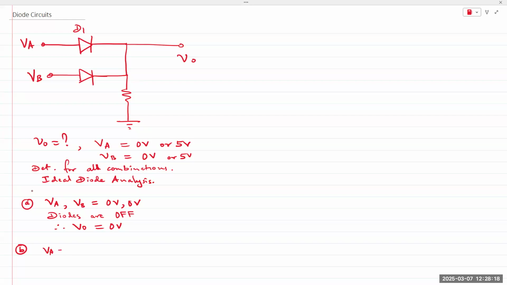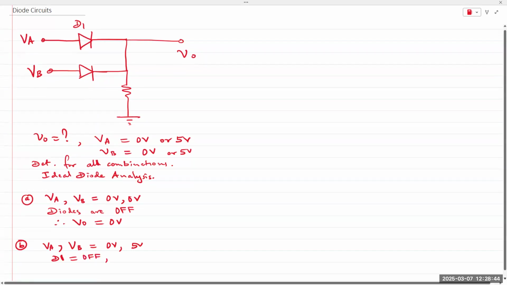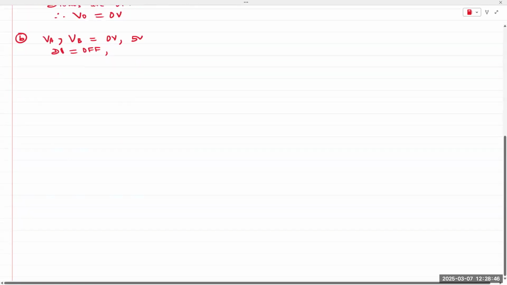How about if VA and VB are 0 volts and plus 5 volts? What is D1? On or off? D1 is off. How about D2?